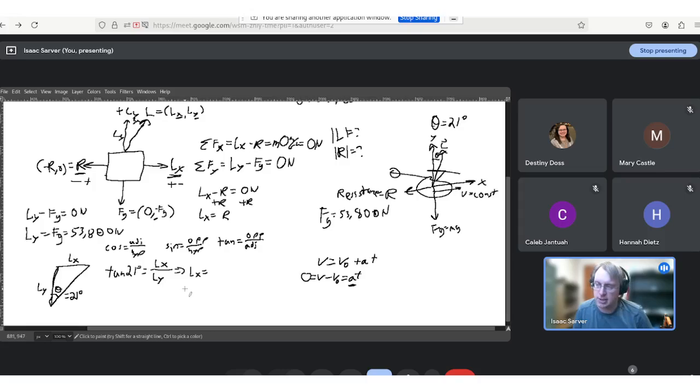How do I get Lx by itself? How do I move that Ly to the other side?